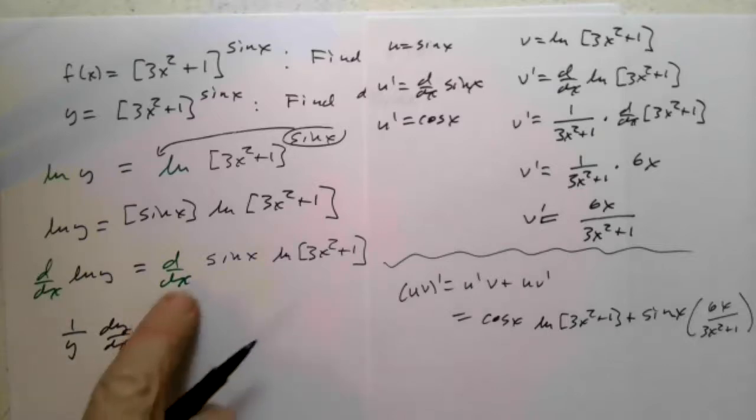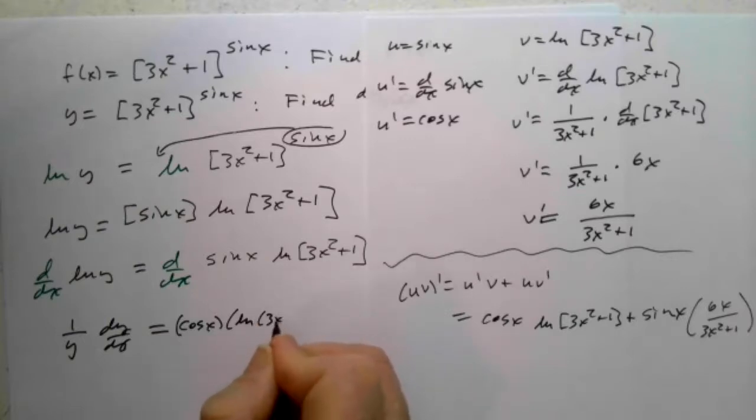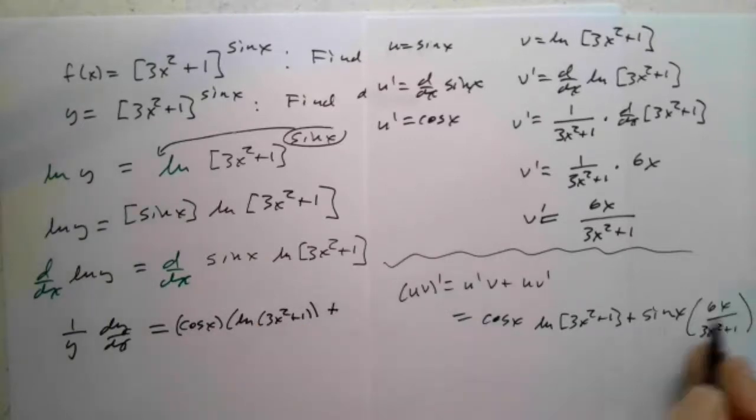And that's what goes here. So as you can see, that's quite a bit to write. Cos x, which I'll put in parentheses for clarity, natural log of 3x squared plus 1, plus 6x times sine x over 3x squared plus 1.